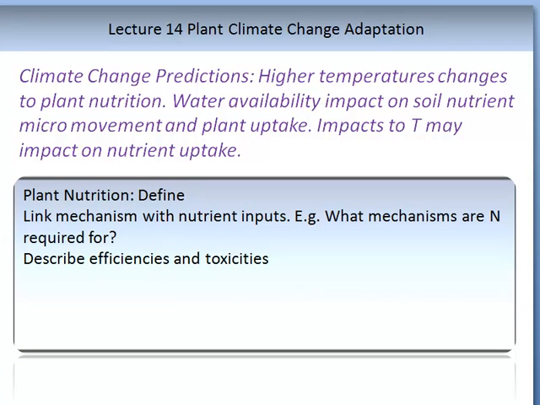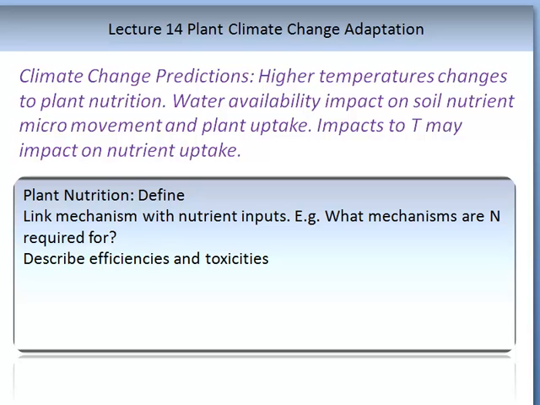Plant nutrition is an important learning outcome for this subject. It is important in many agronomic enterprises, as optimal nutrition allows optimal growth and development, yield and quality in many crops. If we look at climate change predictions of higher temperatures, we note that this will have many and complicated changes to plant nutrition.